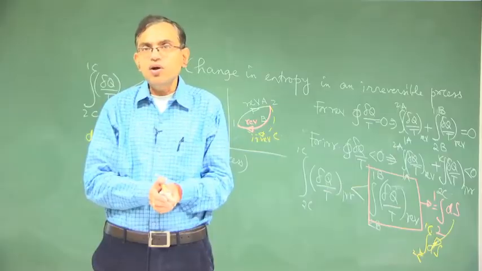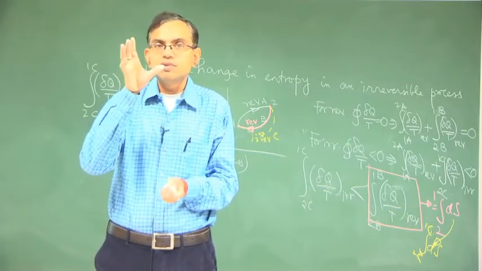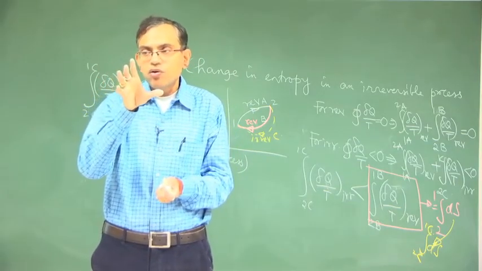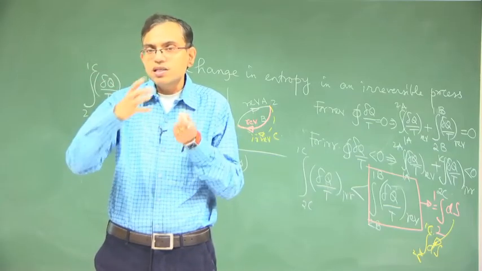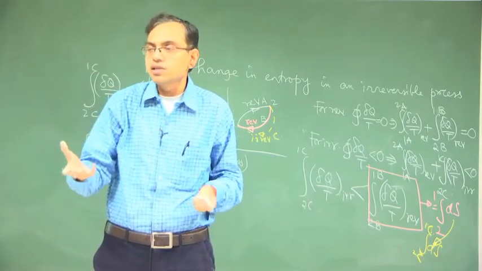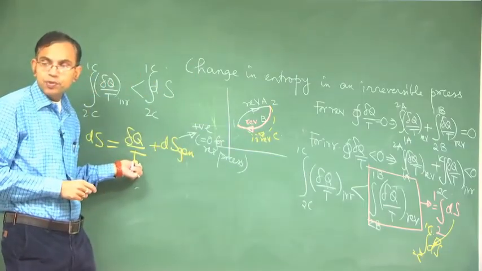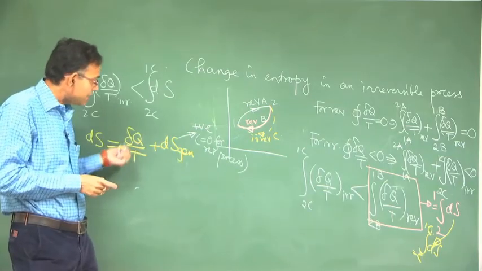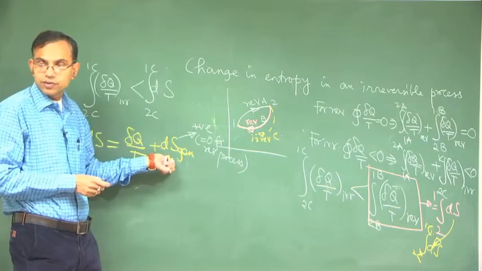So, here also, what is your system? It depends on whether it is the machine itself, or only the thermal reservoir, or a combination of the machine and the thermal reservoir. Based on that, this T has to be appropriately substituted, because it is the temperature of that system boundary for which you are writing this equation.